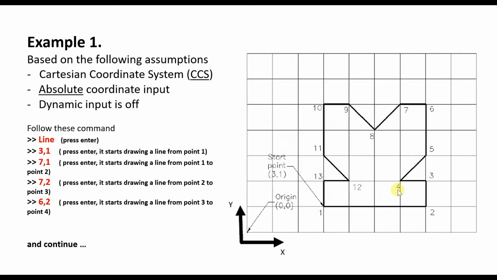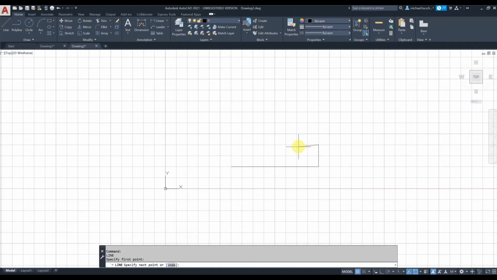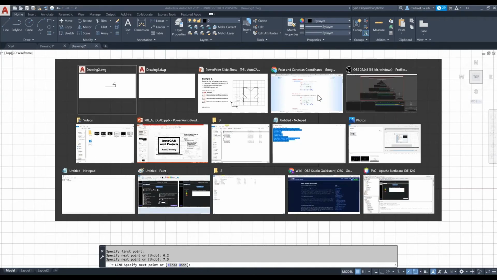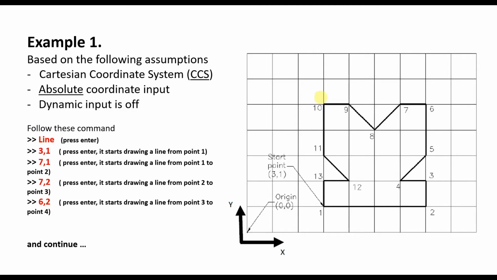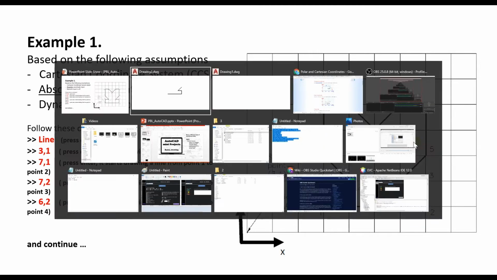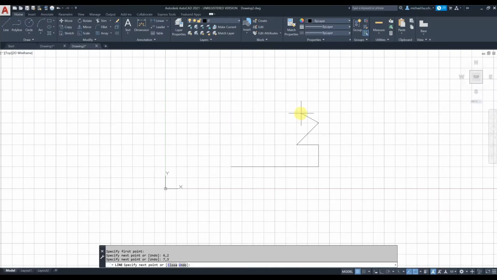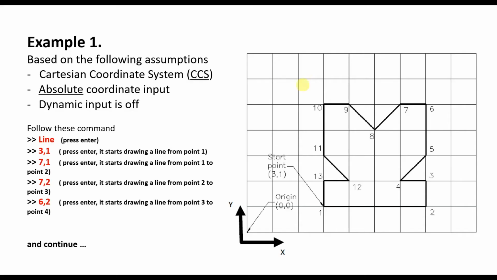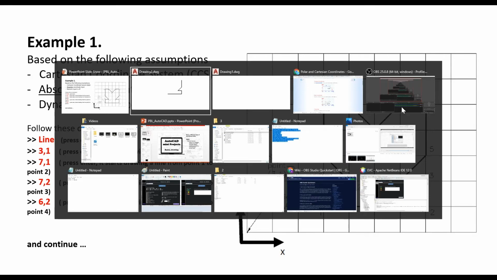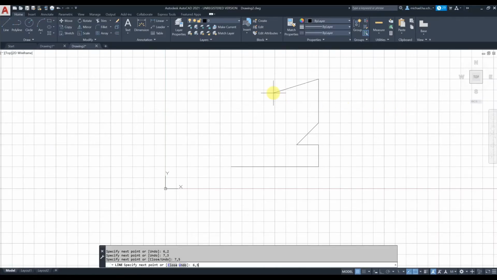6,2. So the next one would be 7,3. 7,5, right? 6,5. 5,4.